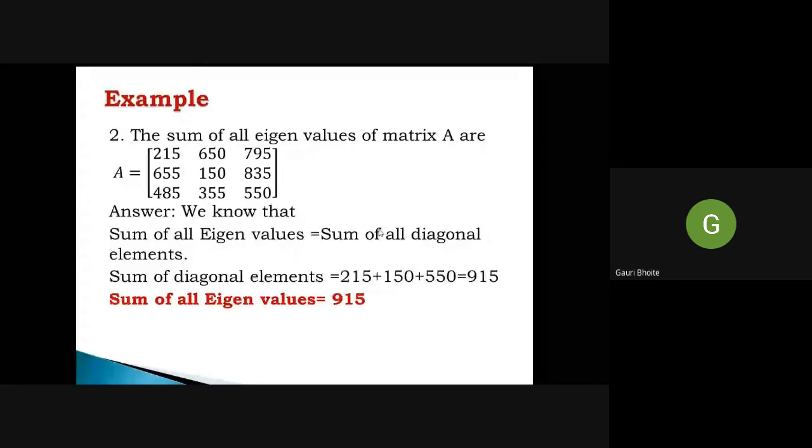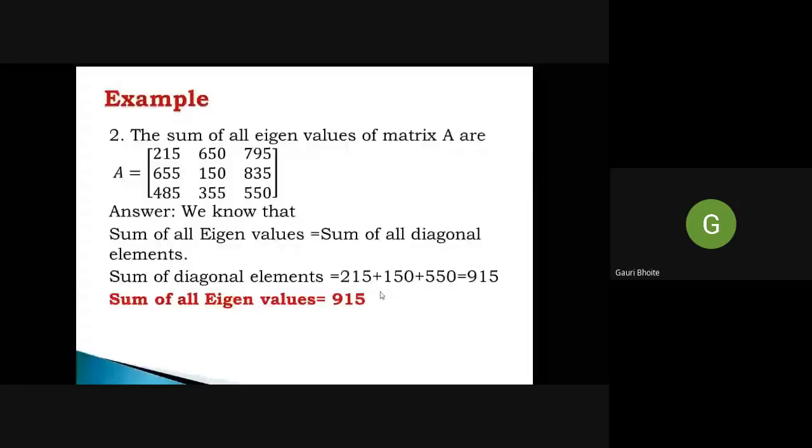Therefore the sum of all eigenvalues of the matrix is equal to 915. Without calculating a single eigenvalue, we can find the sum of all eigenvalues, which is nothing but the sum of all diagonal elements of that matrix. Everybody getting this? Yes? A very, very important property.